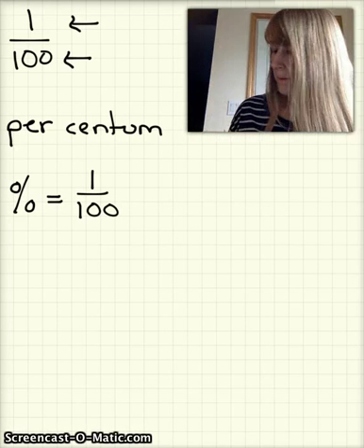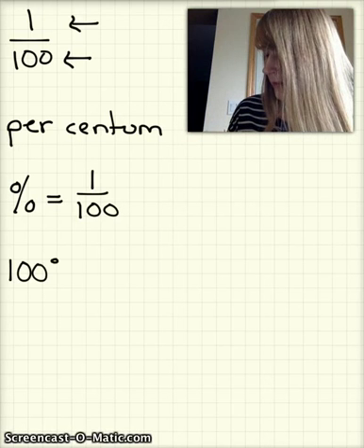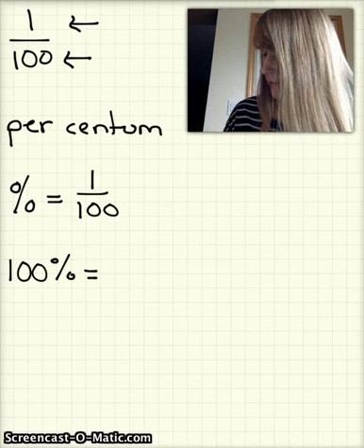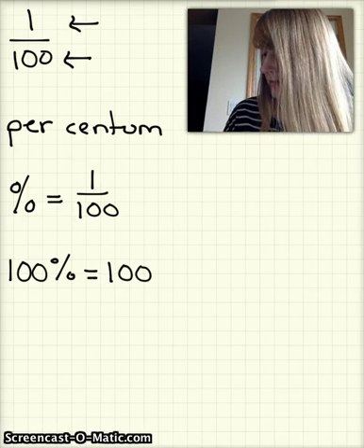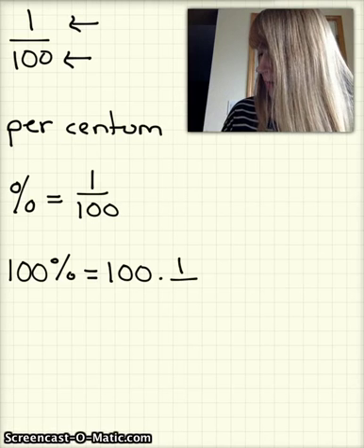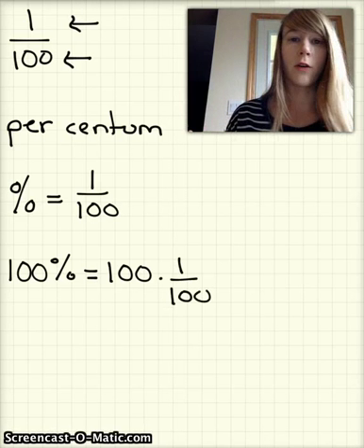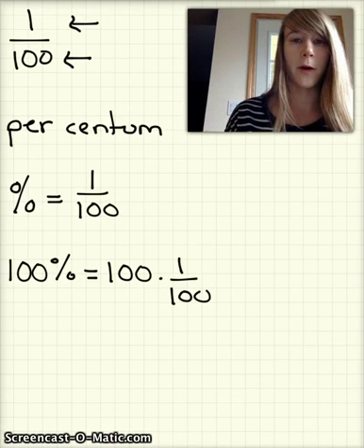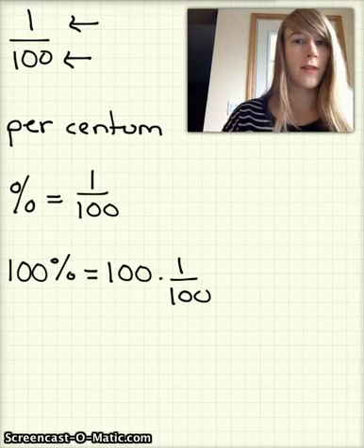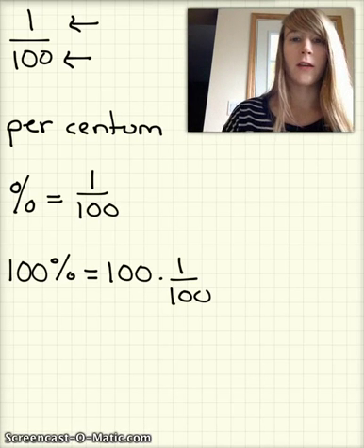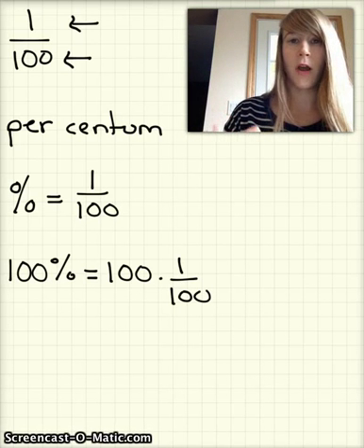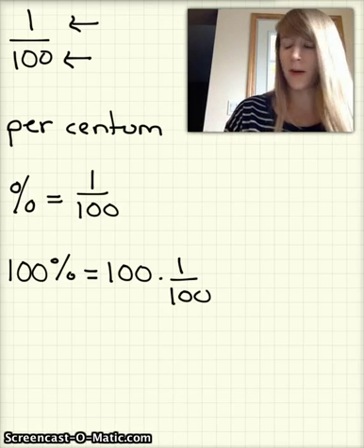For example, if you have the percentage 100%, you can think about this as being the number 100 multiplied by 1 over 100 in place of the percentage sign. You can then continue to move forward using all of the things you know about fraction multiplication.